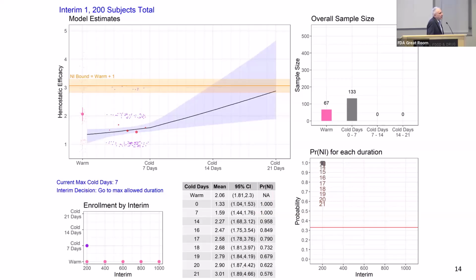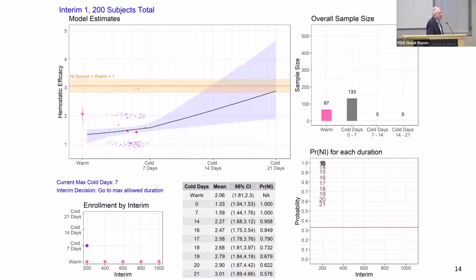Because of that, you can see there's tremendous uncertainty if we try to extrapolate those sparse data out to longer storage duration times. In the lower left, you see the range of cold storage duration that has been allowed up to that point. In the middle of the bottom of the slide, you see the fitted probability of non-inferiority based on the model.